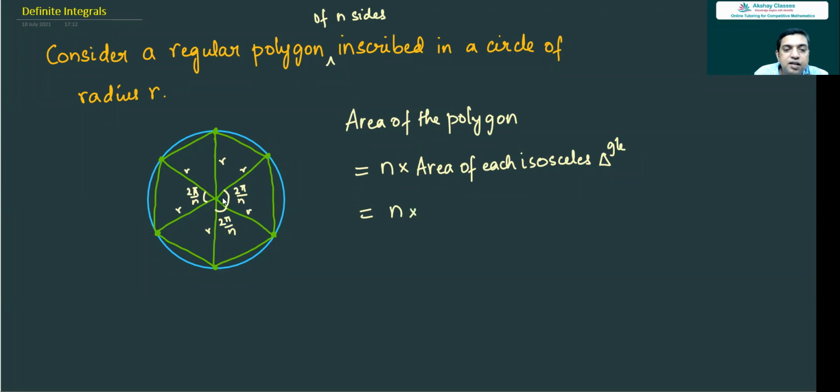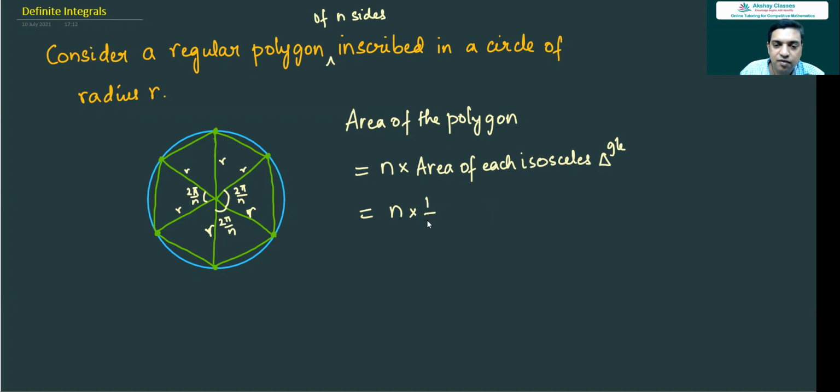So n times. Now, area from trigonometry: if you know 2 sides of a triangle, AB, and the included angle C between them, then half AB sine C is the area.